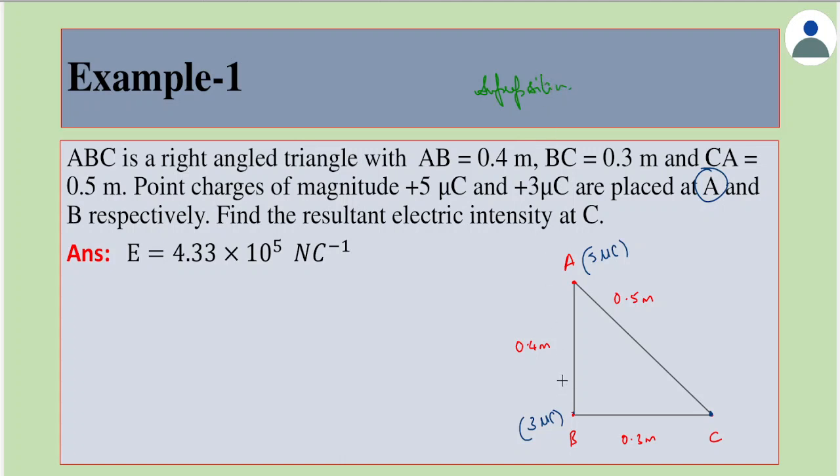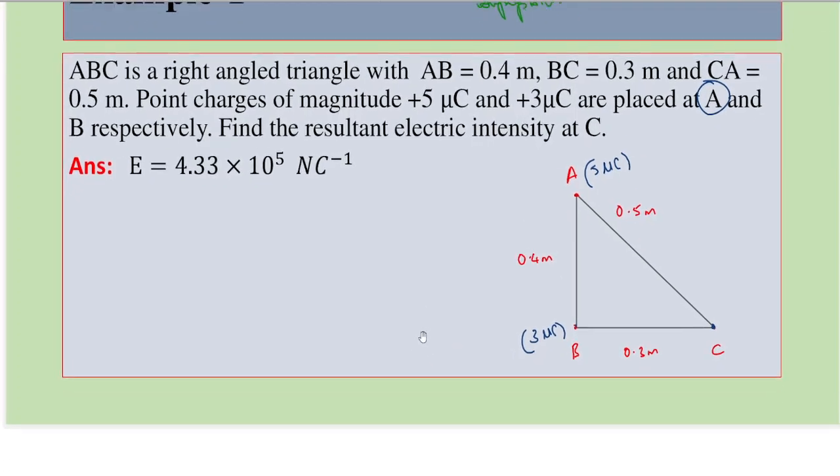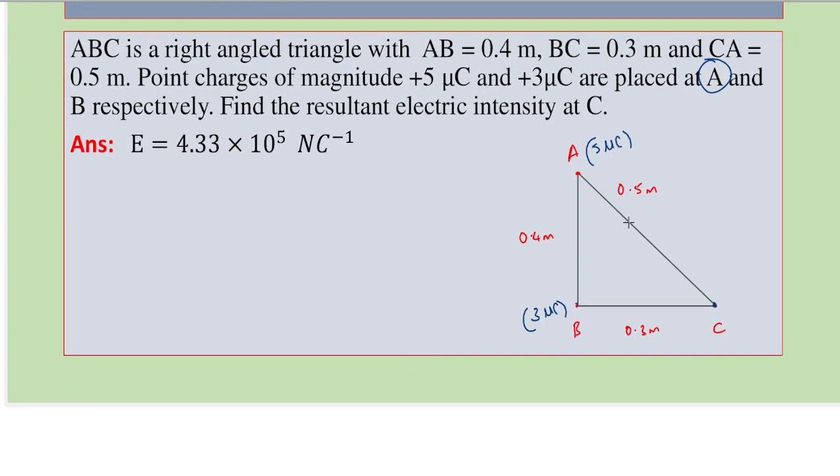So in this case, let us find the fields which the charges create. Since the charge at point A is positive, its field will go out radially. The field here would go out like this.